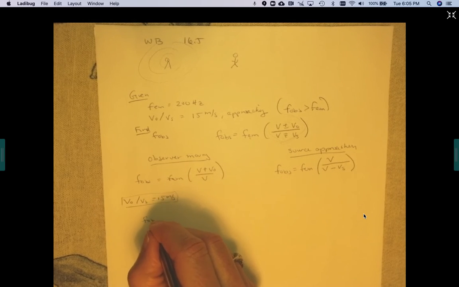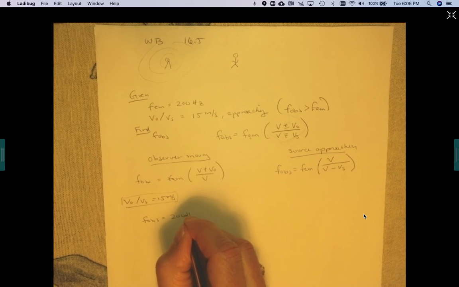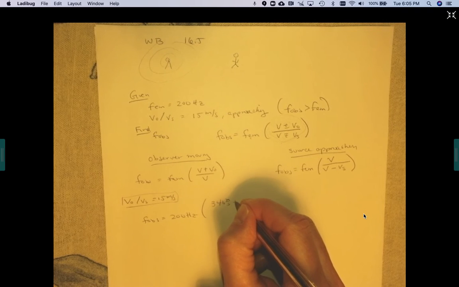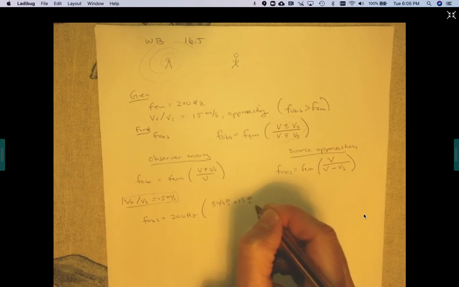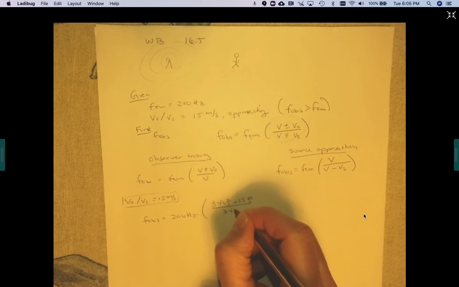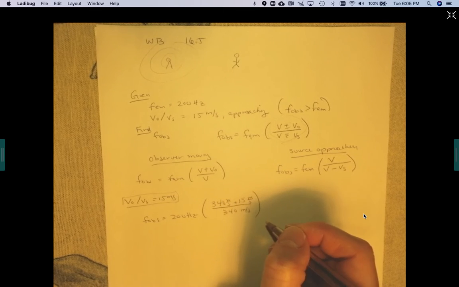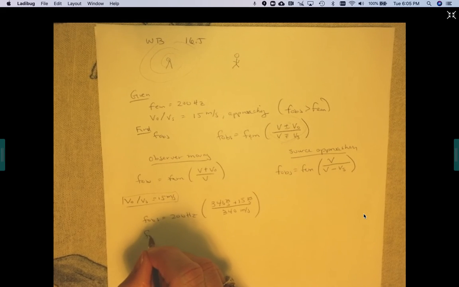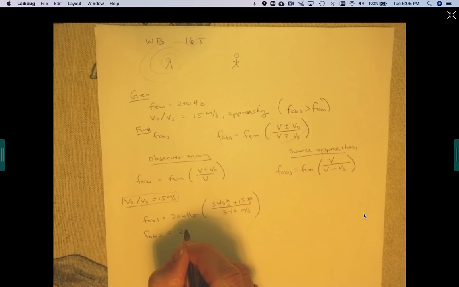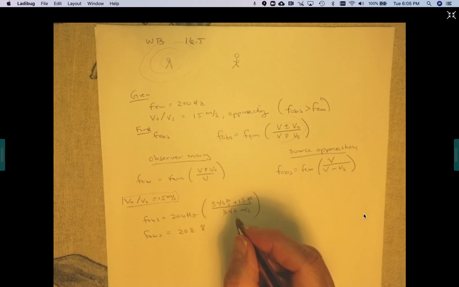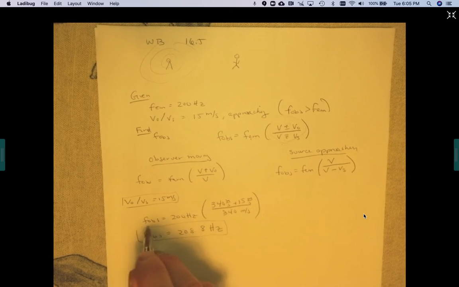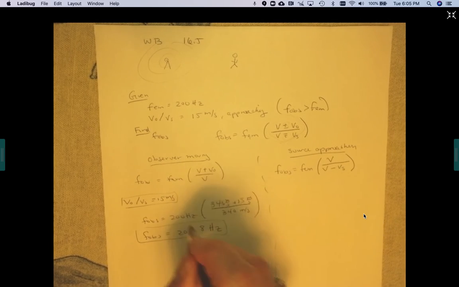So F observed equals 200 hertz times the speed of sound, 340 meters per second, plus 15 meters per second, the speed of the observer, divided by 340. I already calculated it to save us some time, because this is our fifth problem already. 208 hertz.